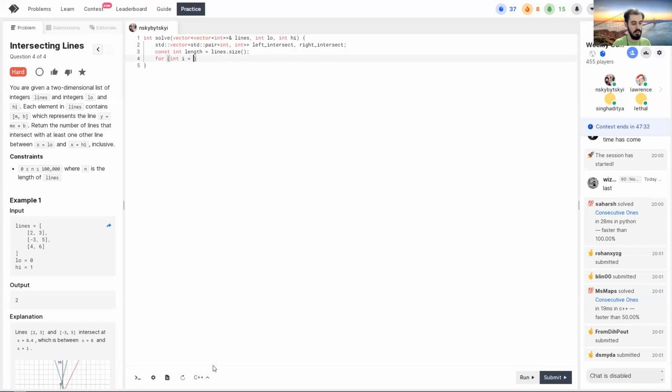Then I would like to iterate through all lines, and I would like to emplace back following pairs of lines. I'm not sure that I need right intersections.